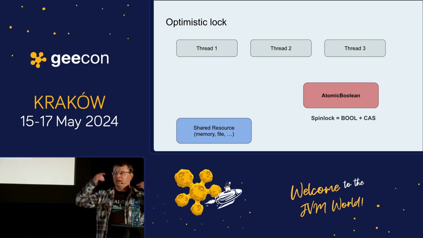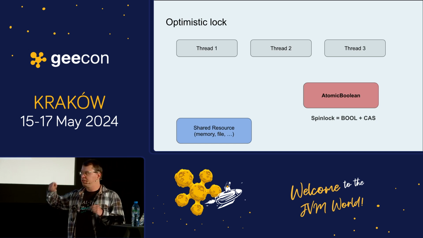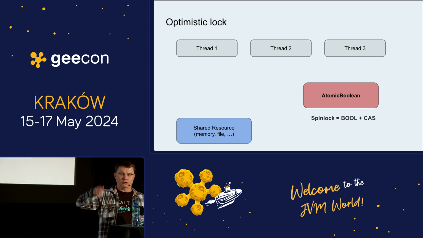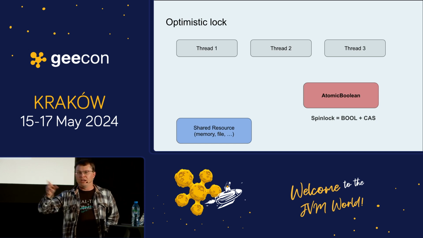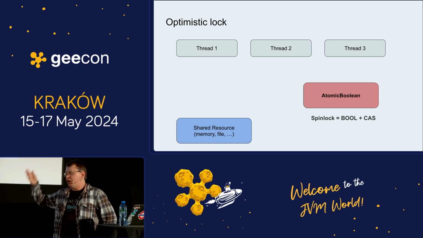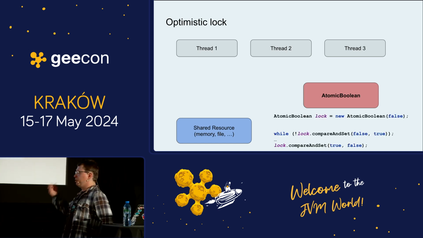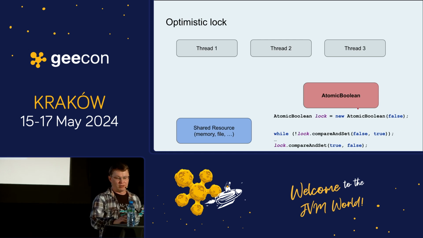And all other threads will spin on this variable, trying to also atomically change its state. If they are not allowed to do this, they will continue to wait in a spin loop. So the primitive implementation could look like this.